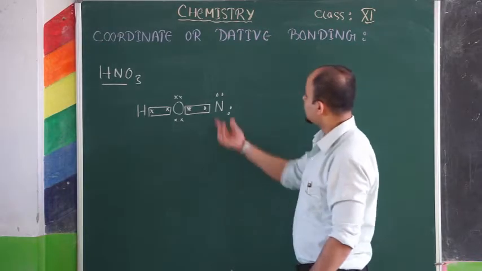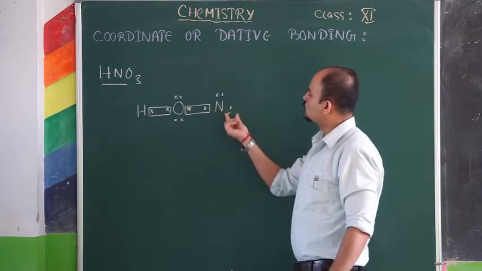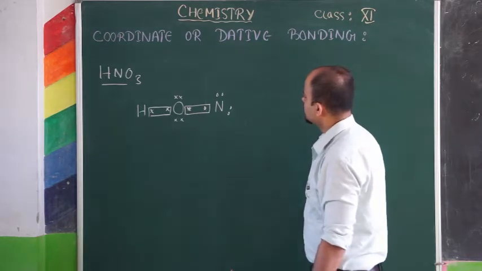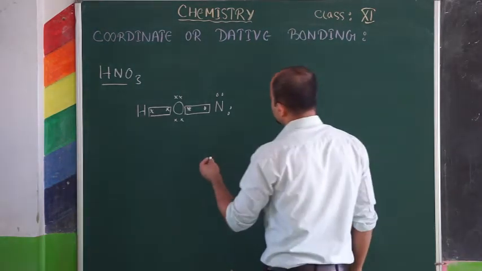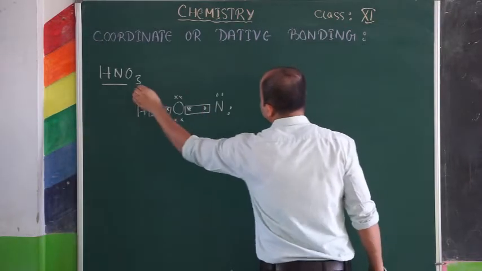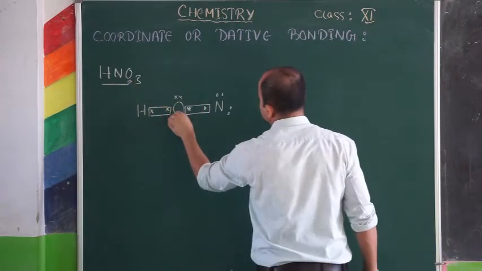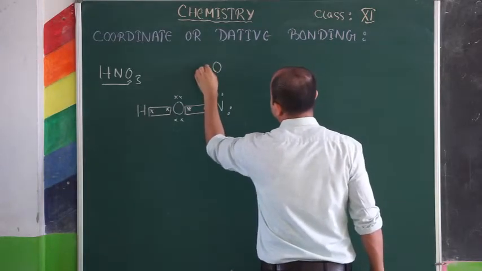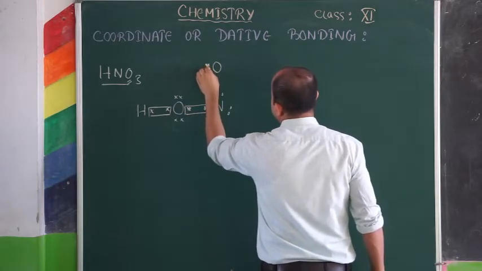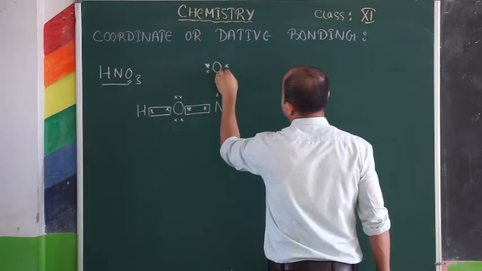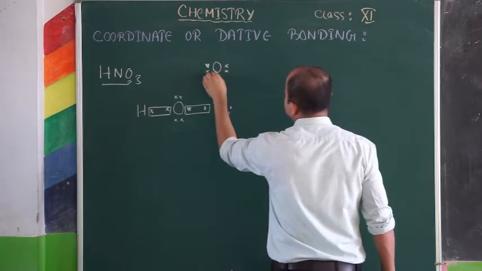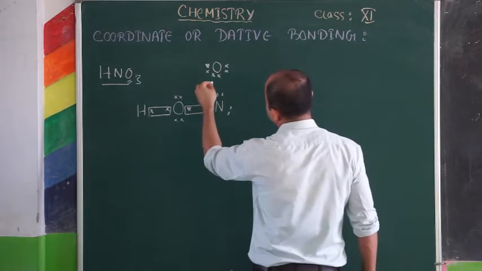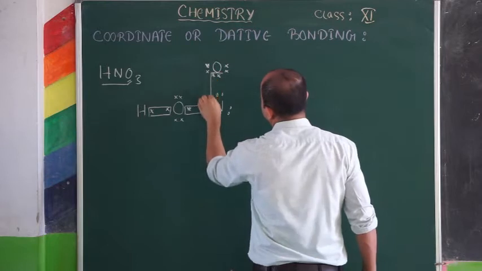Now you can see that nitrogen has 2 lone pairs. These 2 lone pairs will be involved in bond formation with oxygen. You have 3 oxygens. Out of that, one has been involved in covalent bond formation. Another oxygen atom has 6 electrons in the valence shell.